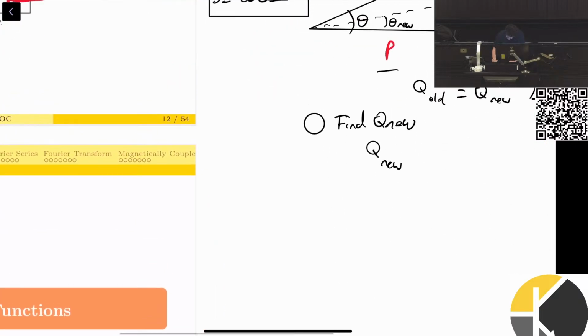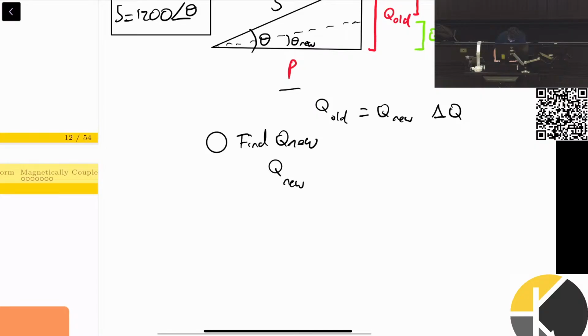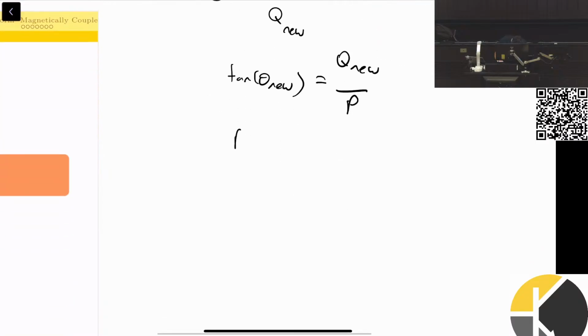We know that Q new is going to be equal to P. Wait, it's like this. Tan of theta nu is going to be Q nu on P, so P tan theta nu is equal to Q nu.